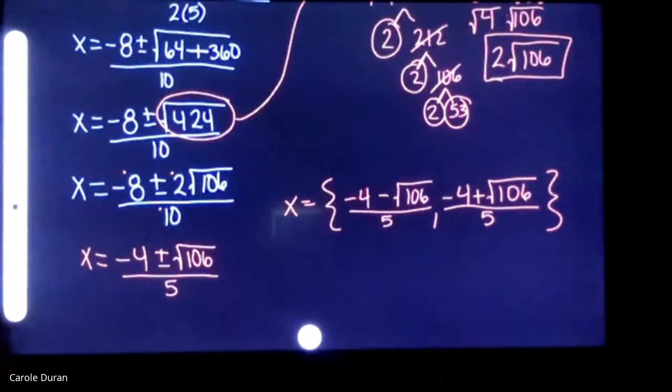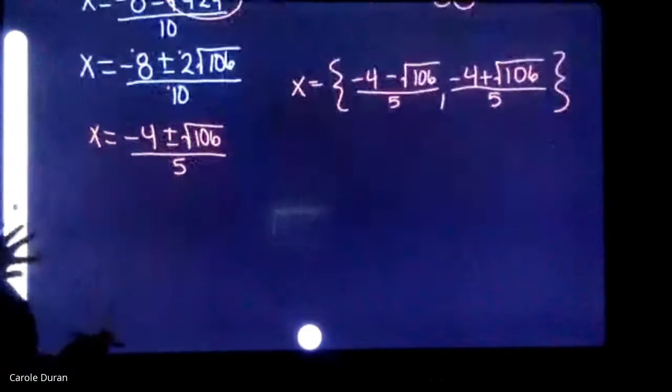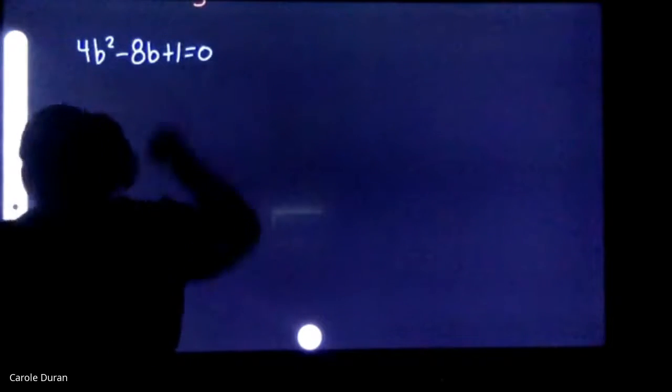Let's go ahead and do another one. On this one, I have 4b squared minus 8b plus 1 equals 0. This is already set up perfectly for the quadratic formula because it's already set equal to 0 and simplified.